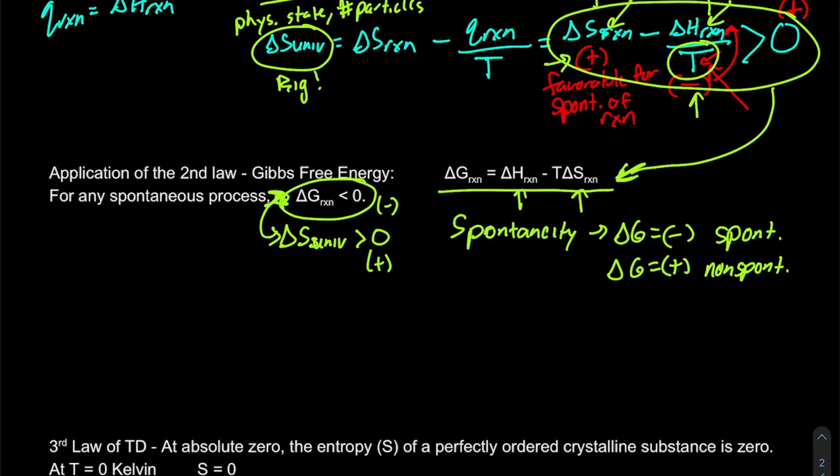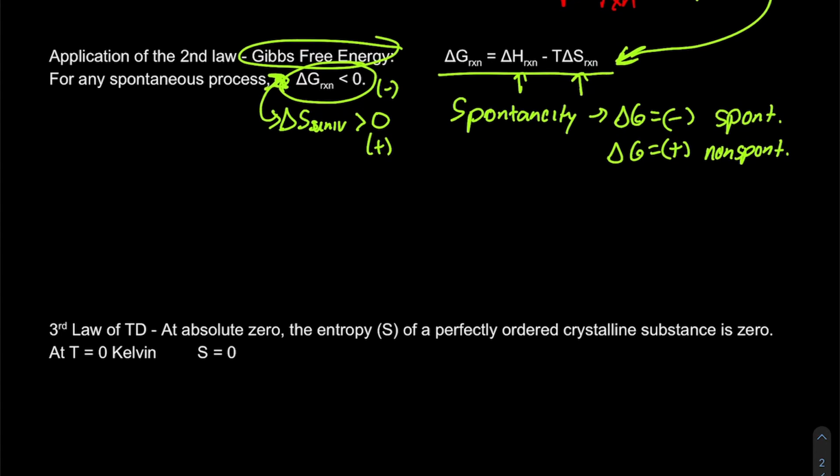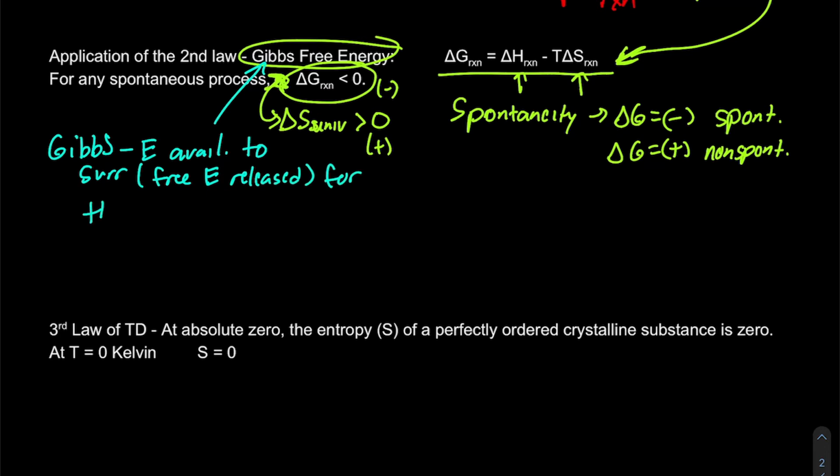And why does that relate to this idea of free energy when we're looking at a reaction? The reason we can think of it as corresponding to the free energy is that our Gibbs free energy is the energy available to the surroundings, or free energy released, for this reaction.